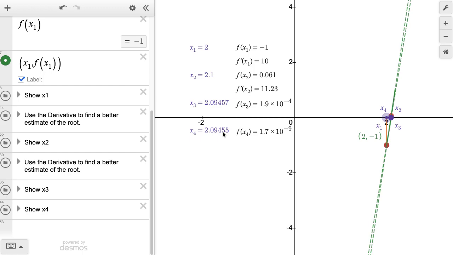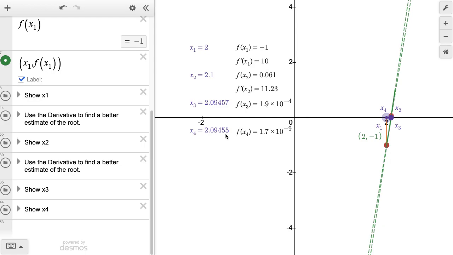So if I wanted to be accurate up to 4 decimal places, then the correct estimate up to 4 decimal places would be 2.0946. Okay, since I round up.